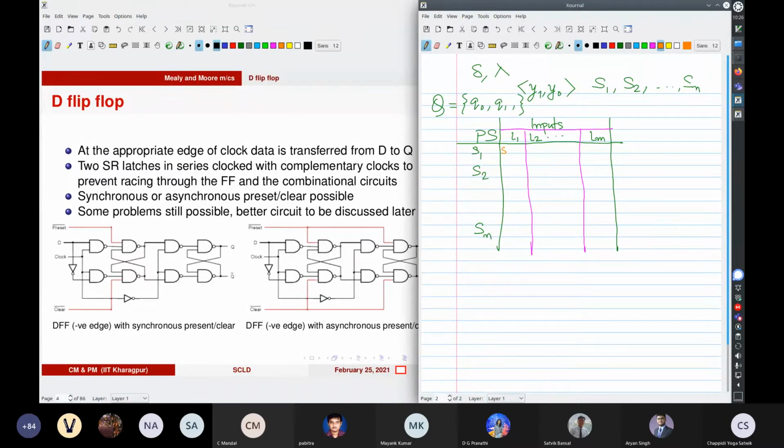So you can have a new state. I'm just calling it S11, the state resulting from S1 on input 1.